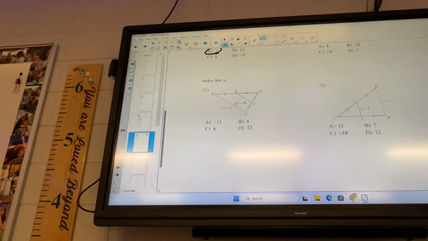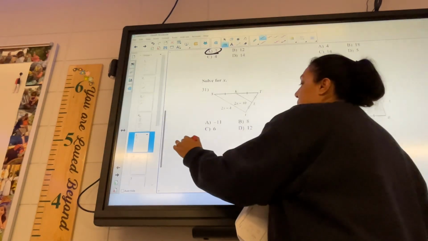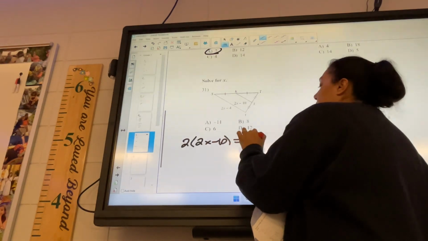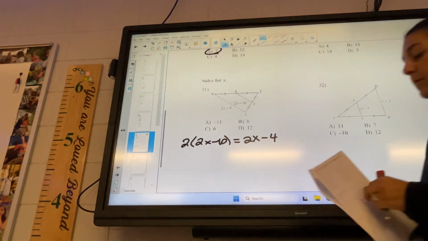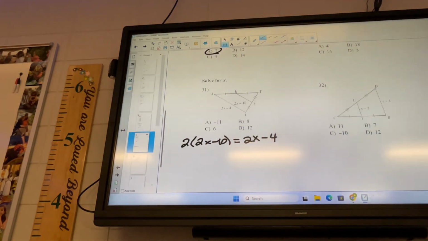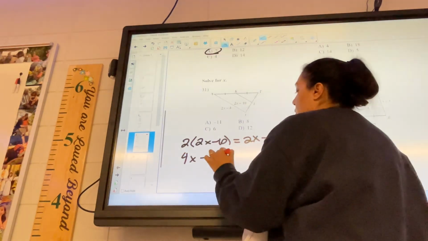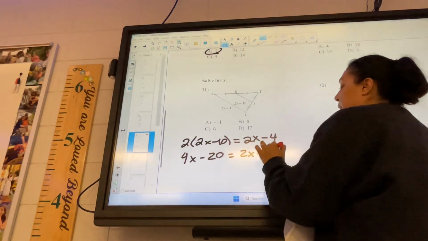Okay, and then 31. We're gonna say 2 times my small, so 2x minus 10 equals the big one, so 2x minus 4. We got one more left after this one. Okay, so I'm gonna get 4x minus 20 equals 2x minus 4.